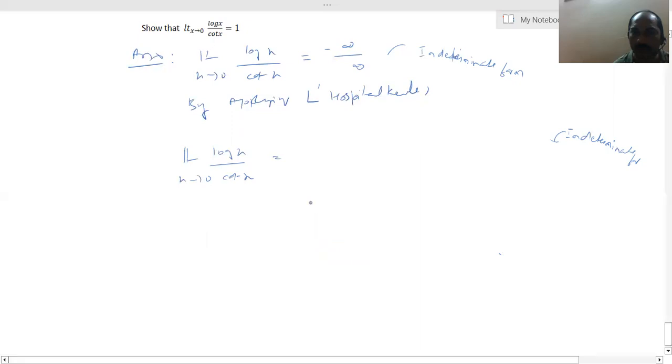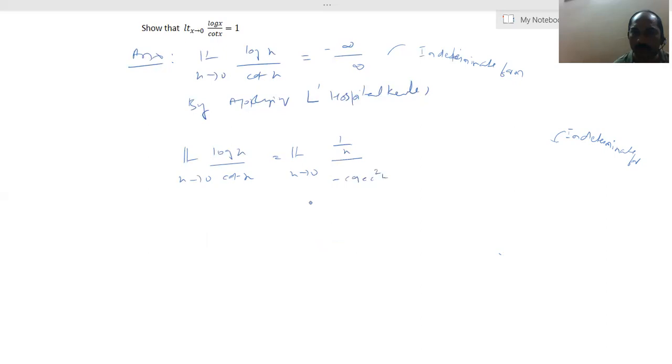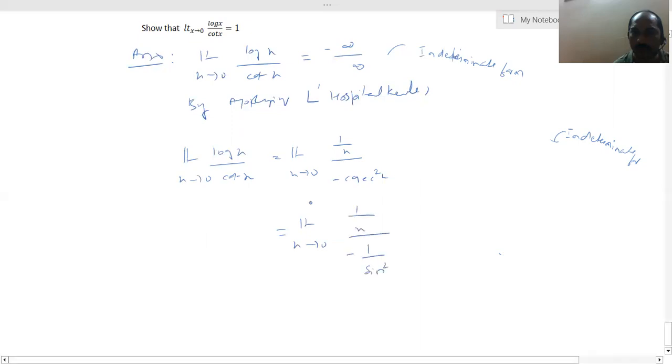Small change, sorry. Limit x tends to 0. Its derivative becomes 1 by x as usual, minus cosecant square x. This is written as 1 by x, and this is written as minus 1 by sine square x. It is in the form a by b over b by a.